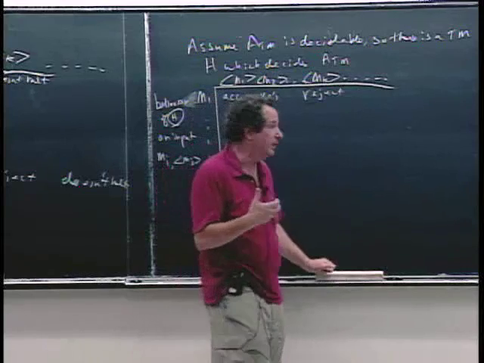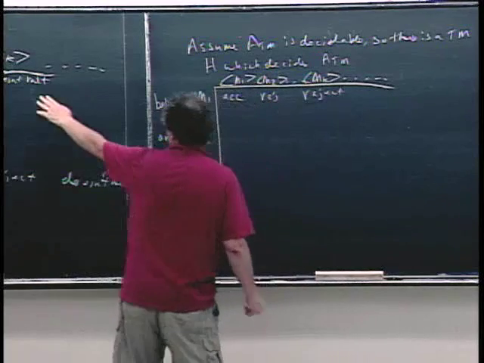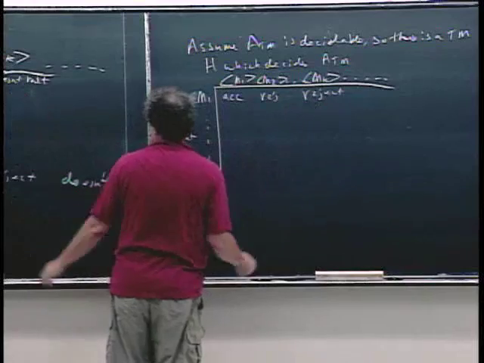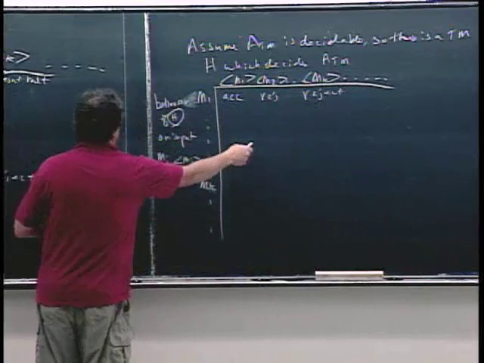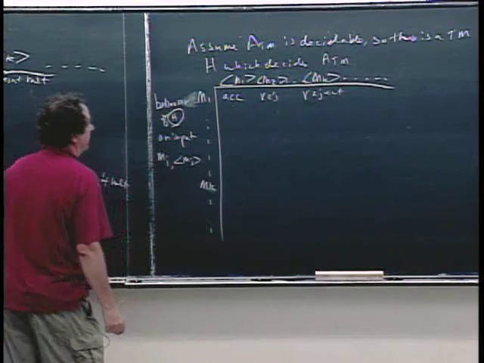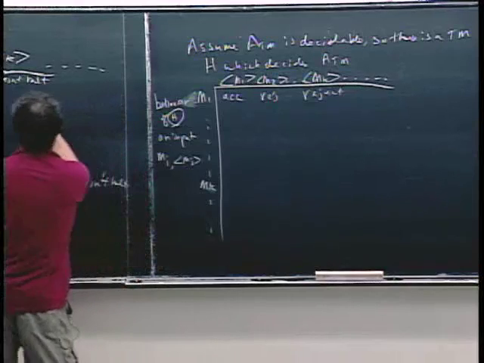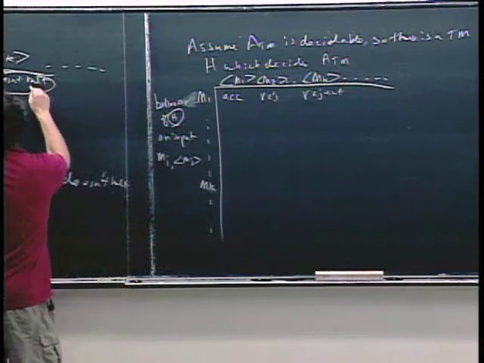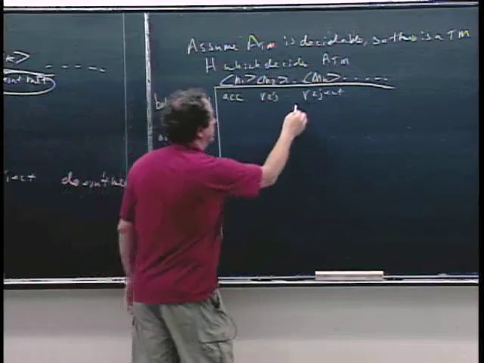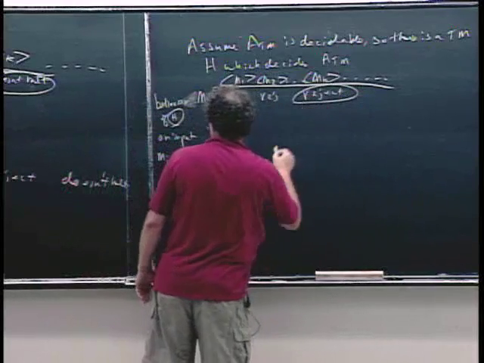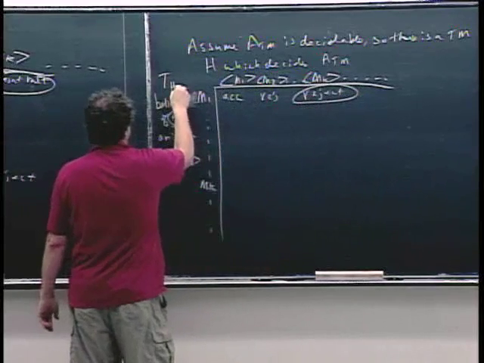Okay? That's what doesn't accept means. So these two possibilities translate to reject. So this table is identical to this table, except in those places where this table has a doesn't halt, this table will have a reject. Okay? So I'll call this table TH.